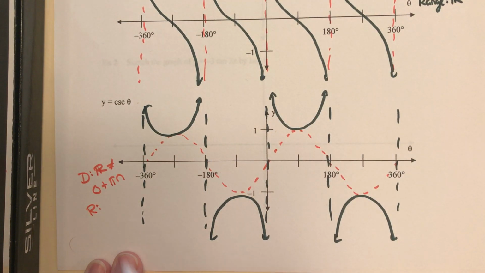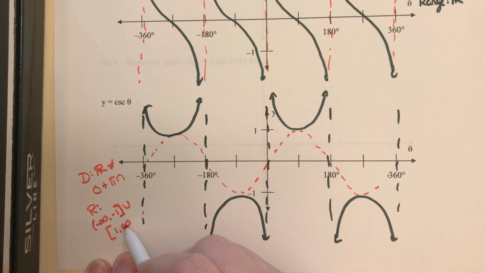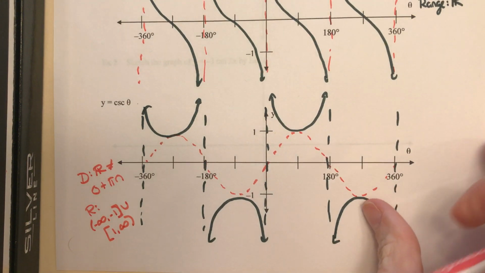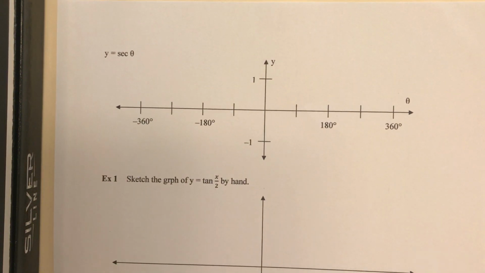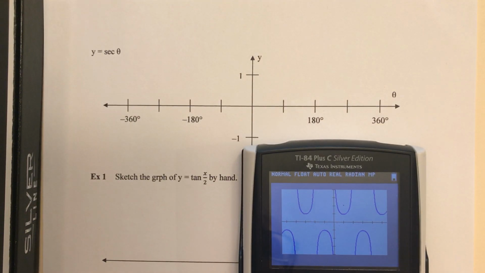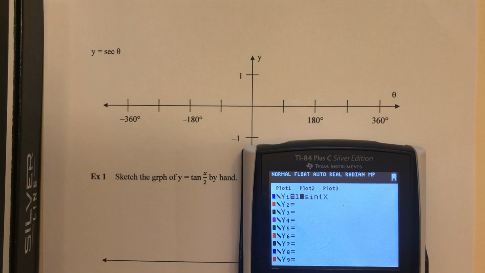So we could write that as negative infinity to negative 1 and 1 to infinity. Okay, let's go to the last graph, which is secant. So secant is going to look a lot like cosecant, but to graph it, we're going to put 1 over cosine.